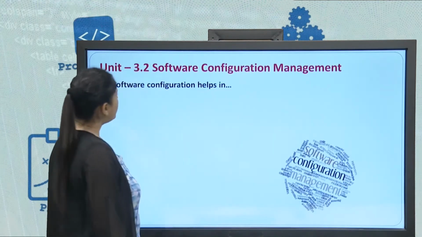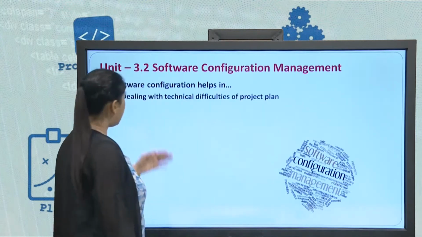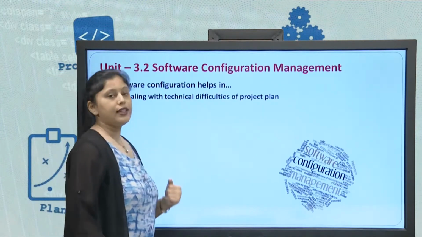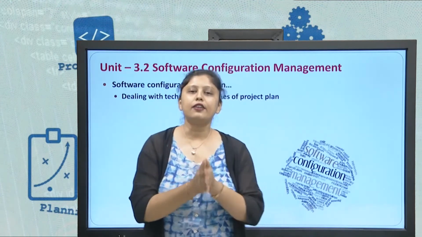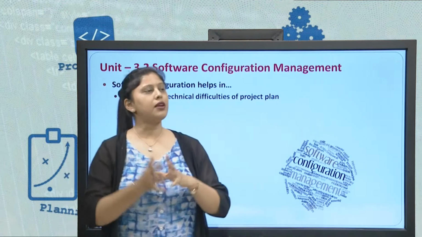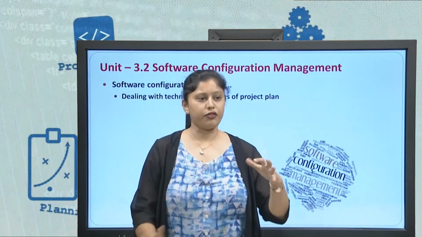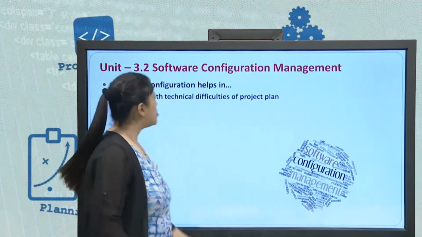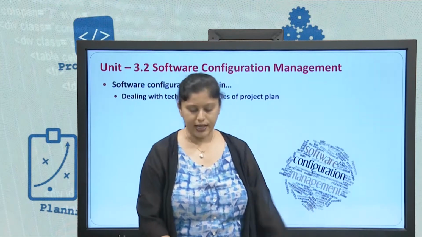Now, software configuration helps in what? It helps in dealing with the technical difficulties of the project plan. If you come across some technical difficulty in your project plan, some problem with the technicalities of your software, then you can configure your software, which will help you avoid those technicalities.